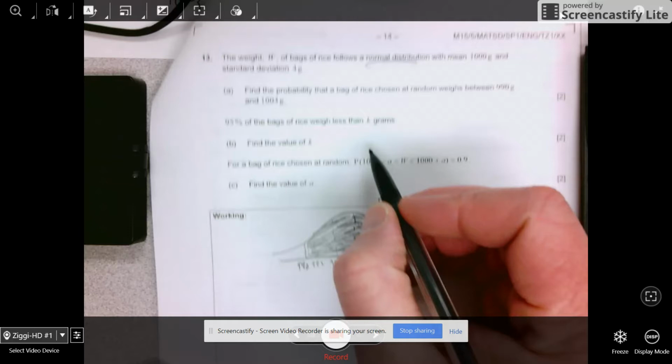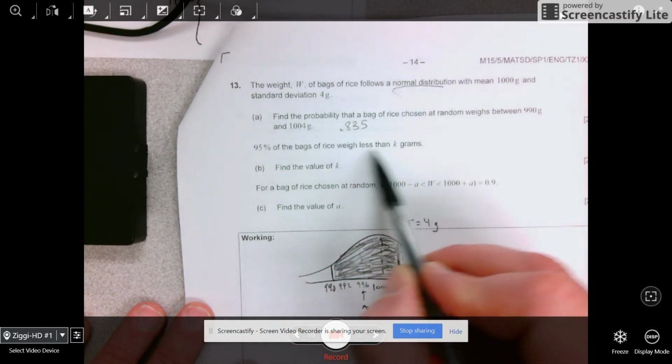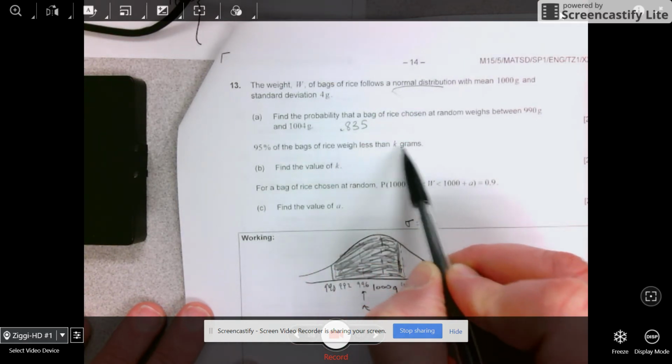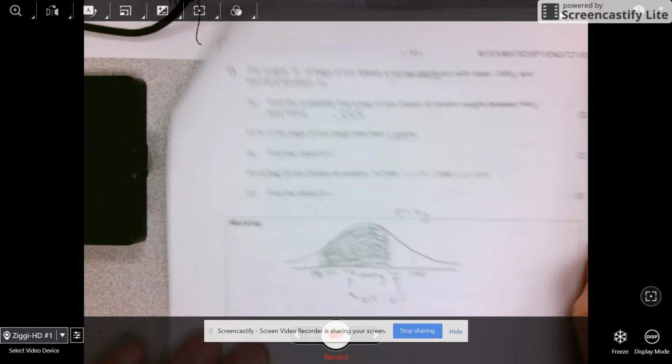95% of the bags of rice weigh less than K. Again, every time you're doing these, make another curve. So if K is that value, 95% of them are less. That means my probability over here is 0.95.